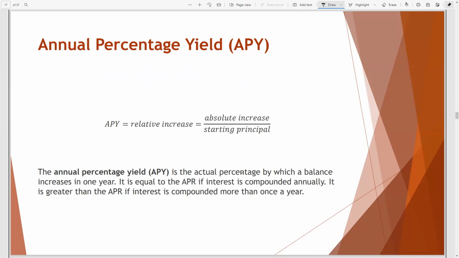And then, let's see the annual percentage yield. The annual percentage yield is the relative increase, that is, the absolute increase over the starting principal. The annual percentage yield is the actual percentage by which the balance increased in a year, equal to the APR if interest compounds annually, and greater than the APR if interest compounds more than once a year.